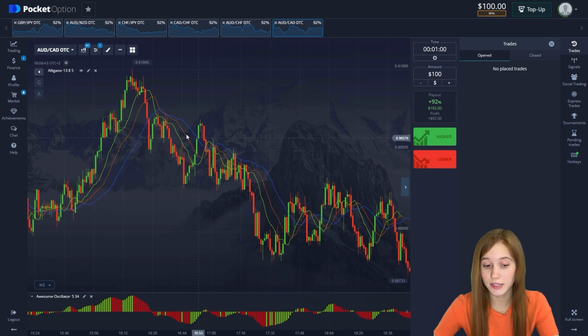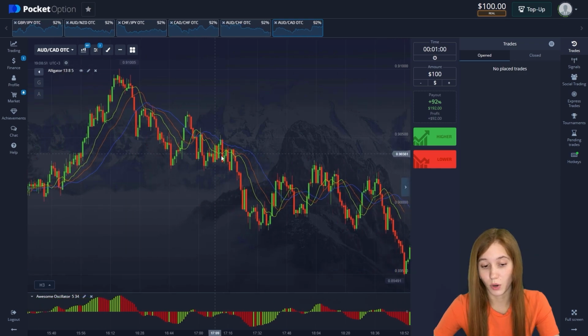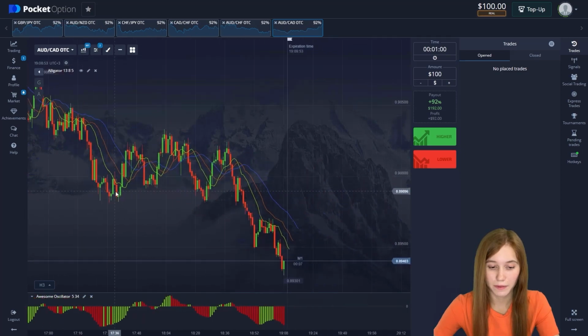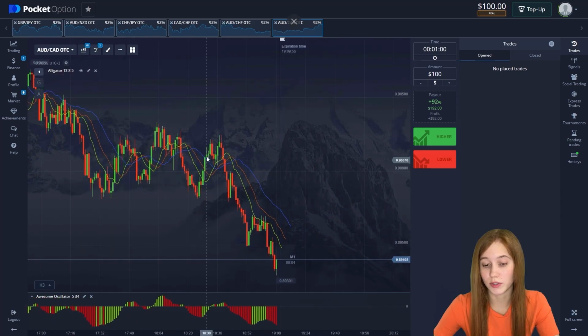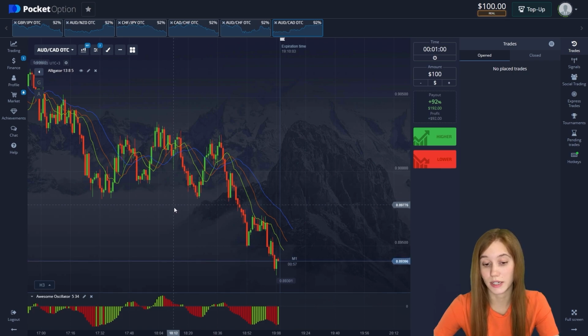If blue prevails, then the trend is downward. And red is some average moving line, a line drawn between these 2. So this is how this indicator works.